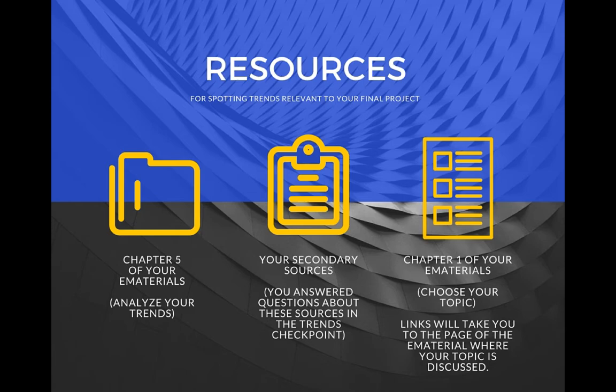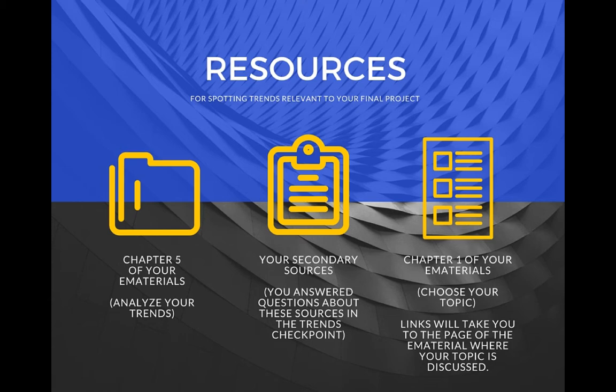I do want to emphasize that your e-materials citations within these assignments should amount to less than 10% of your citations for your final project. So use citations from your e-materials sparingly. But there are resources within your e-materials that will help you tackle milestone 2, and you should be relying on them.